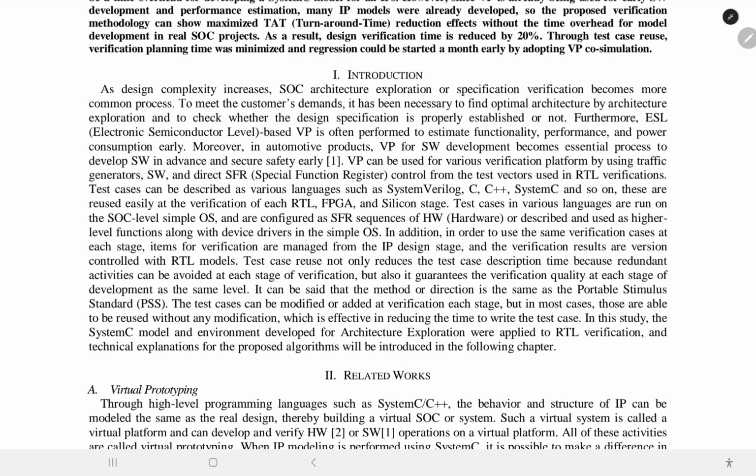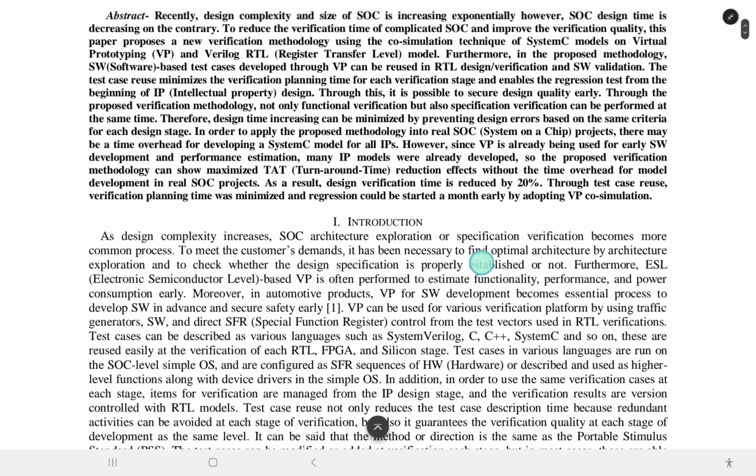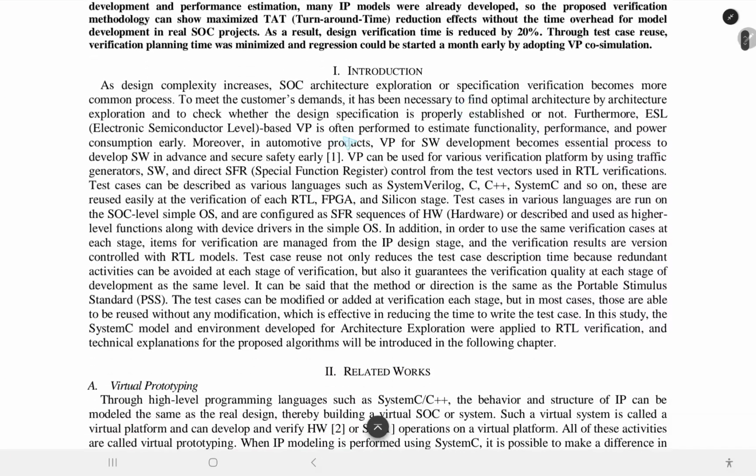and to check whether the design specification is properly established or not. Furthermore, ESL, electronic system level, based VP, virtual prototyping, is often performed to estimate functionality, performance, and power consumption early.